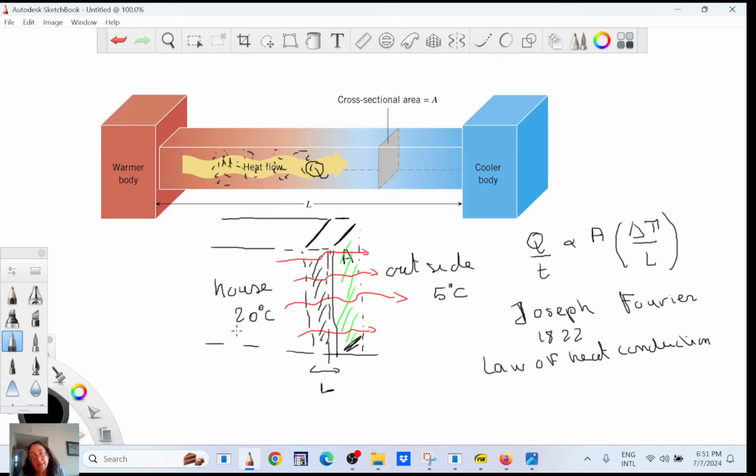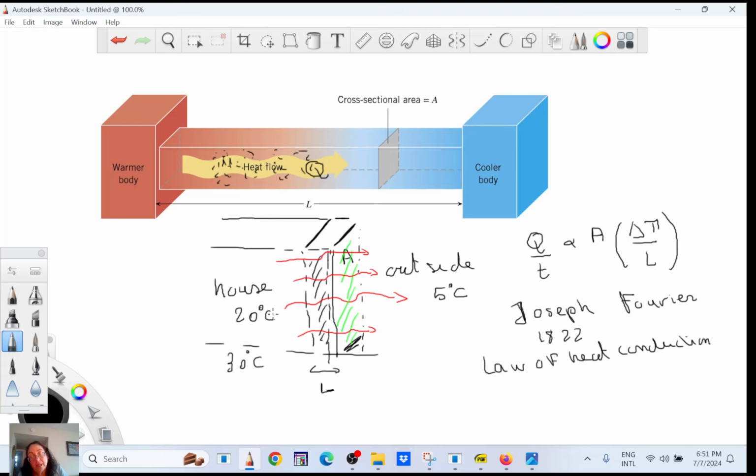If your heater here, instead of 20 degrees Celsius, you put 30 degrees Celsius, you want to be very warm, then you're going to have more heat leaving the house. So the heater will have to work even faster, and you're going to spend more money. So it's better to keep it at maybe 20 degrees Celsius, depending how sensitive you are.